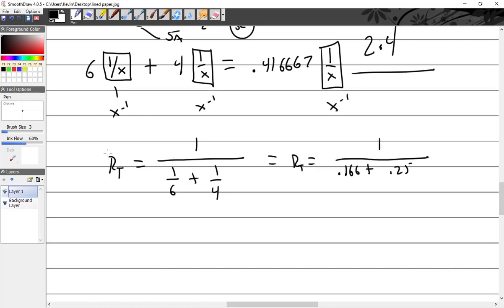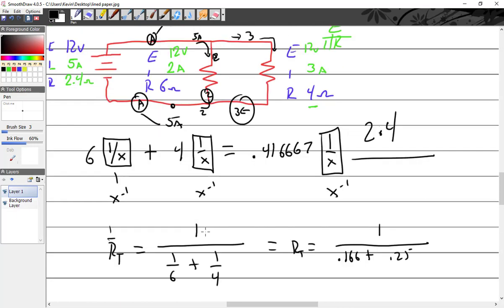Sometimes you'll see the 1 over R total, but that's how you do it. You just have to remember to do that. Could you go back up to your circle? Right there? All right, cool. Do you get it? Yep. Good.